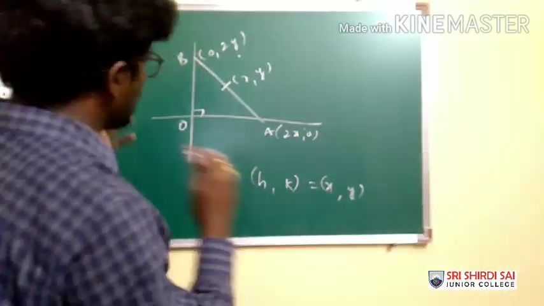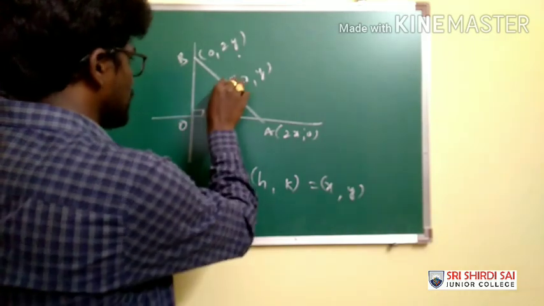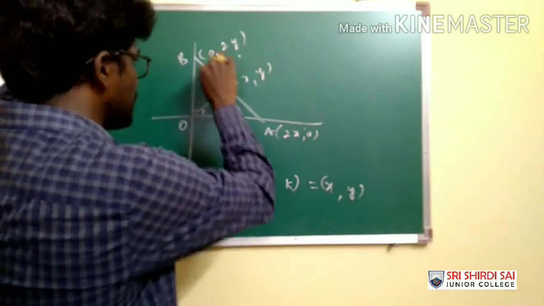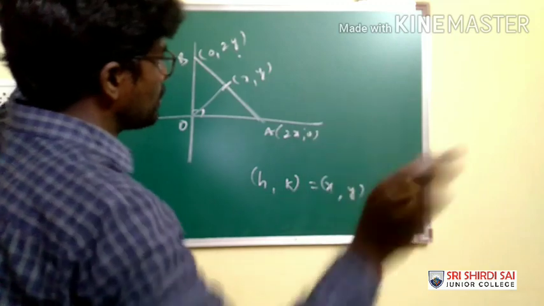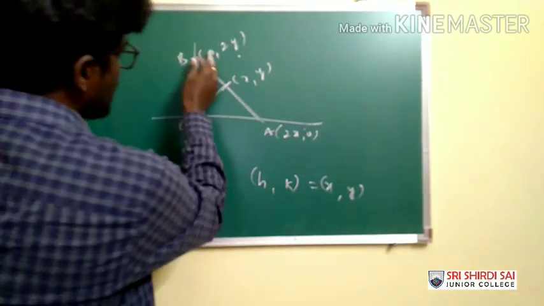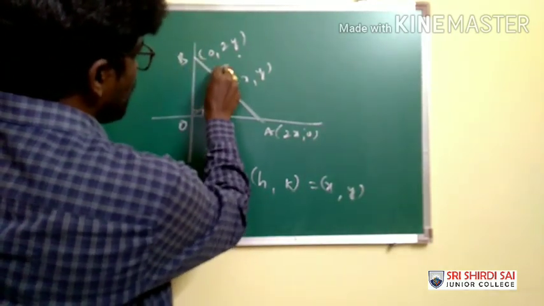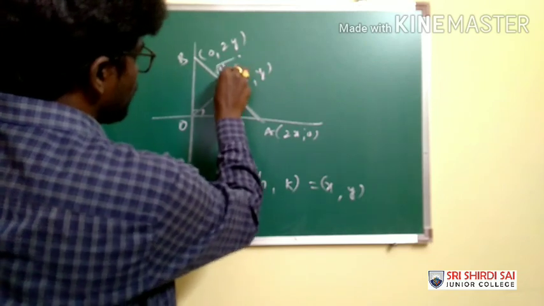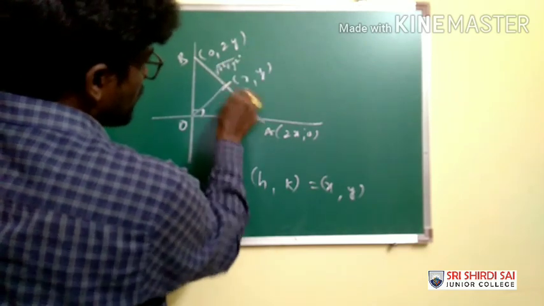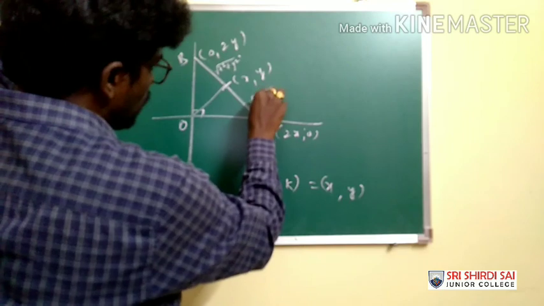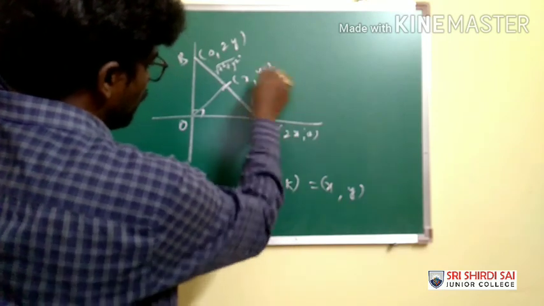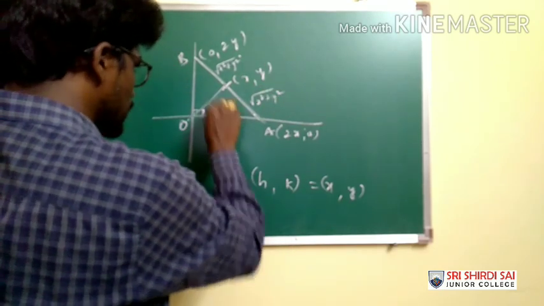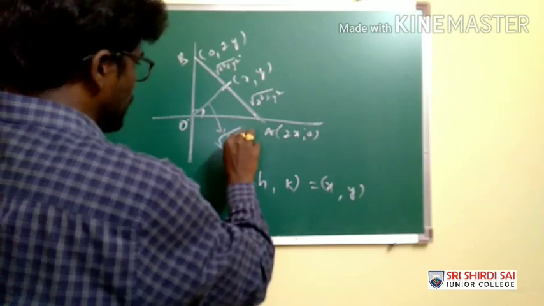Now if you calculate the distances from this point to each vertex, they will be equal, because the distance to O is root over of x square plus y square, the distance to A is again root over of x square plus y square, and the distance to B is root over of x square plus y square.